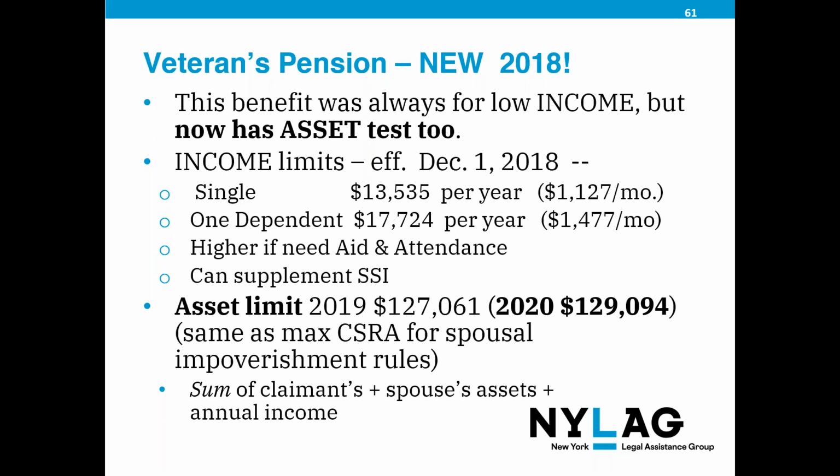Plus, they're defining assets to include annual income, which is counterintuitive. So you need to calculate their annual income and add that in. So that makes the asset limit a little more challenging.